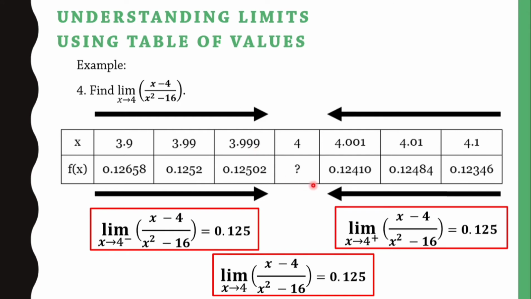However, if we look at this table of values, the limit of the function as x approaches 4 is 0.125 or 125 thousandths. This leads us to the conclusion that the limit of the function f of x as x approaches c and f of c, that is, directly substituting the value of c into your function, are not always equal.